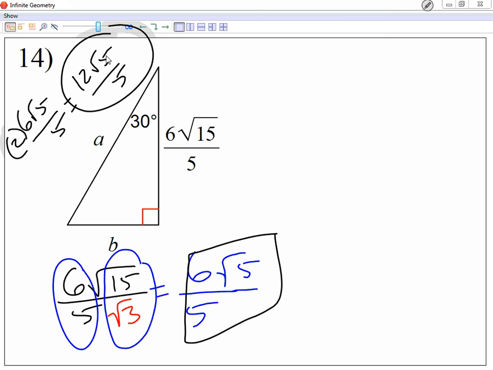The 5s over here, don't simplify those 5s, because one of them is a radical 5, the other is a regular 5. Right? Only whole numbers with whole numbers and radicals with radicals. Don't mix and match. You should have no radicals at the bottom. If you do, get rid of them. Remember last week we saw rationalized denominator, so you should know how to do that. All right. Any questions?